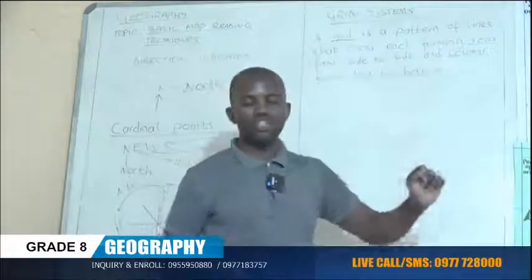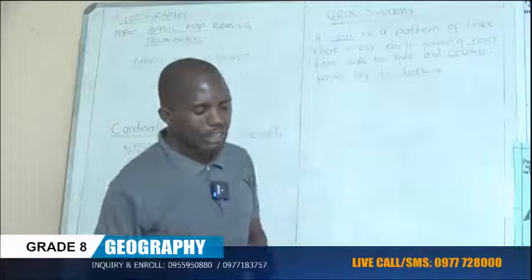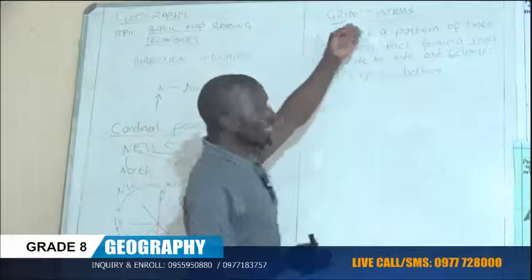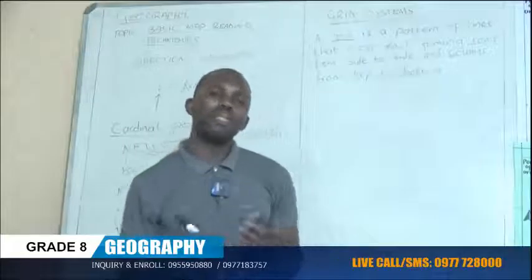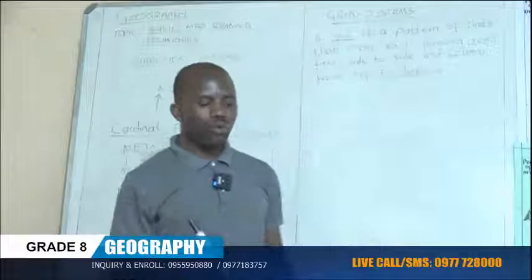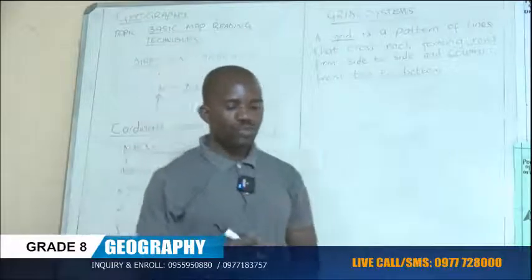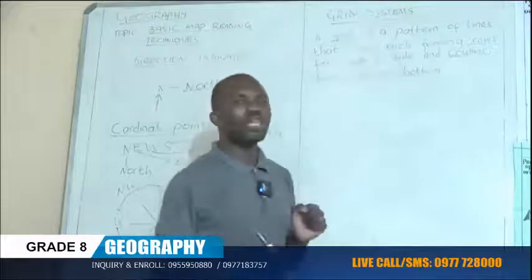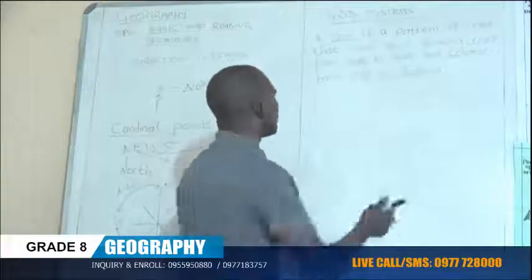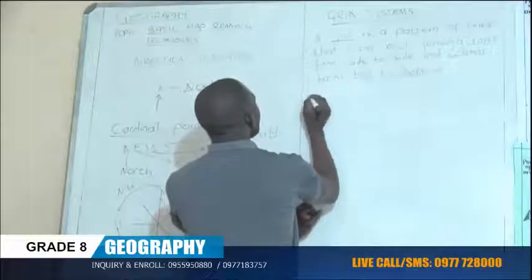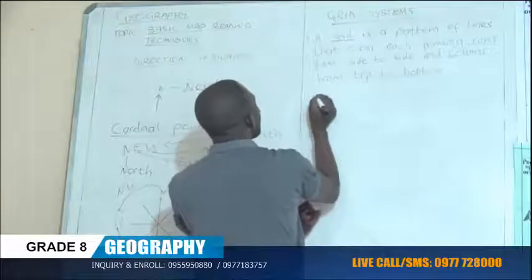Now, apart from this, we also need to know what a grid system is. Now, a grid system is something that we use to describe, okay? We use a grid system to describe the position of any point within the grid. So, it's also important that you take note of this. Please take note of these things.